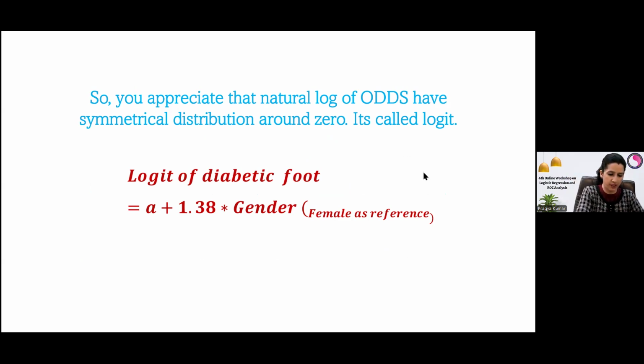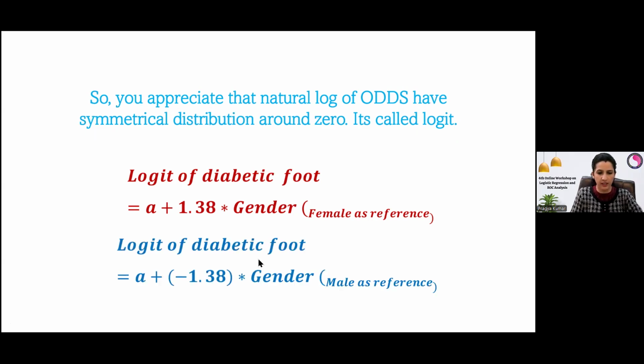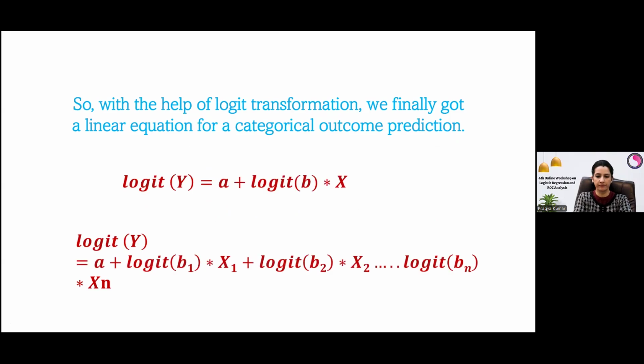That's why this is known as the logit, and it will have a symmetrical distribution around 0. So if you take the logit of the previous one, the 4, then it will be 1.38. And even if you take the natural log of 0.25, it will be 1.38, but it will be in minus.